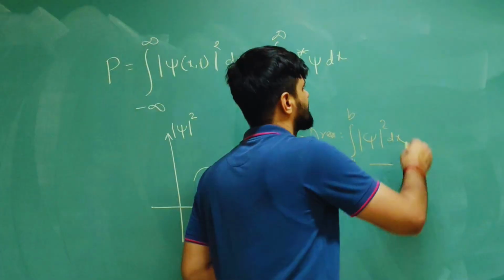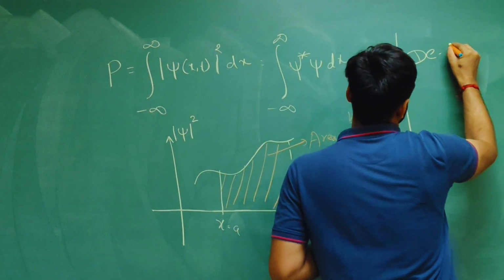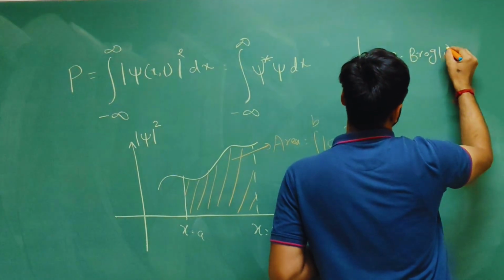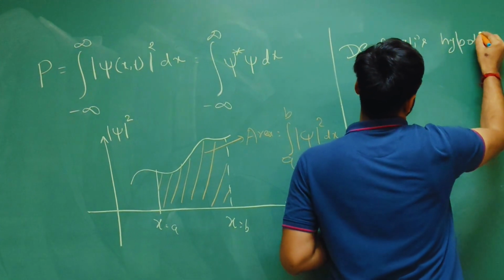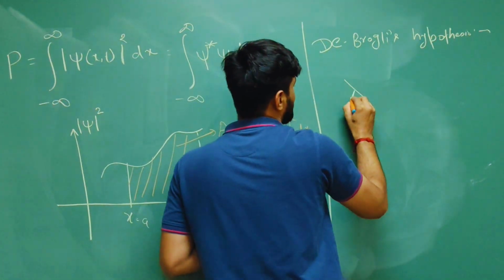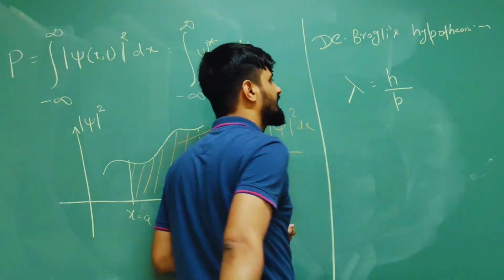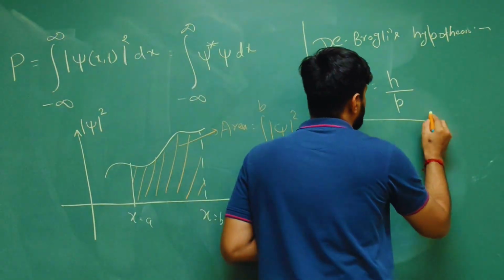So the de Broglie hypothesis says that lambda equals h divided by p, where p is the momentum and lambda is the wavelength of the wave, right? So this is called the de Broglie hypothesis.